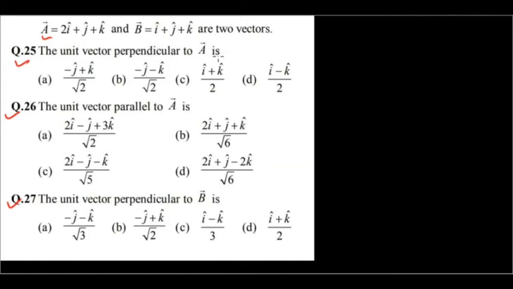So students, I had told you that if a is a vector and b is a vector, then if you find a cross b, let us assume that you will get a vector c. We know that the cross product of two vectors is also a vector quantity.